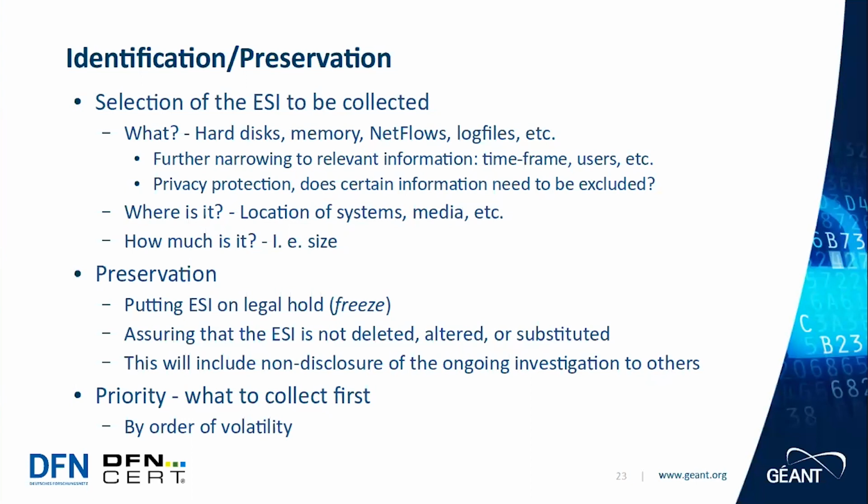But it can also mean network information. Do we have packet captures or network flow information, or is it already present and collected somewhere on our network, or do we want to make a packet capture? Are there log files or log entries we want to get our hands on that may be on the affected systems or on our SIEM or log host or whatever else we may have here?